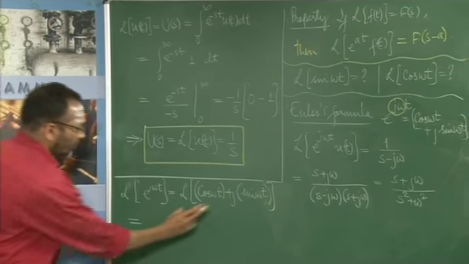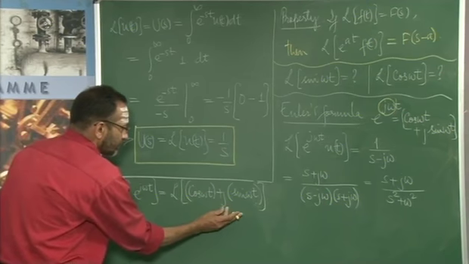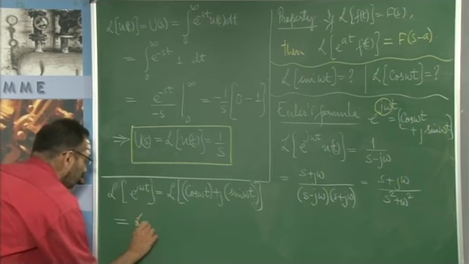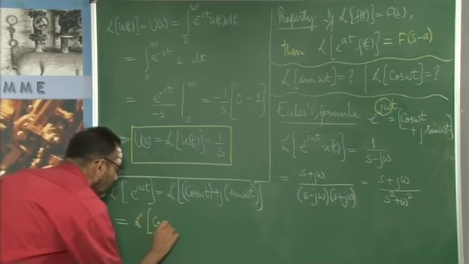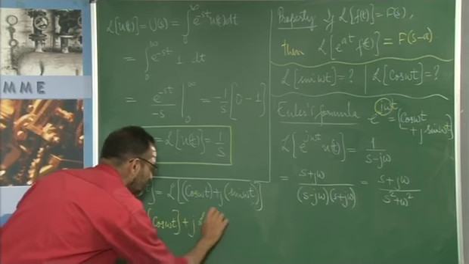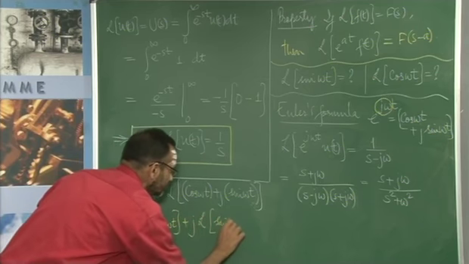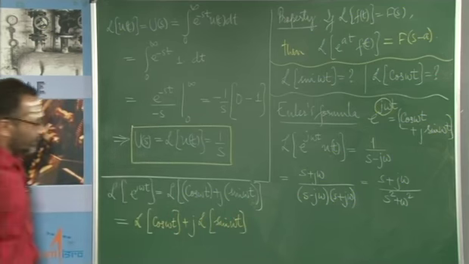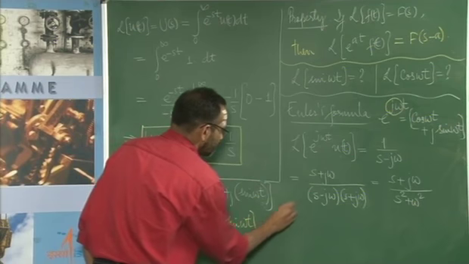Therefore, this is one function multiplied by a constant, plus a second function, the two are added. Therefore, I can write this as the Laplace transform of cos omega t plus j times the Laplace transform of sin omega t.